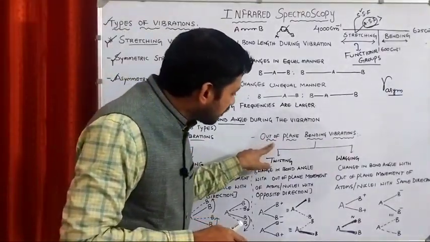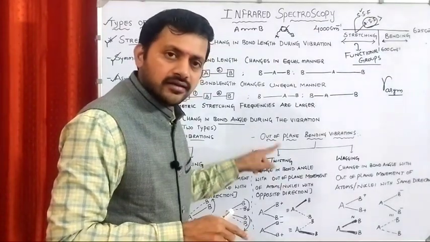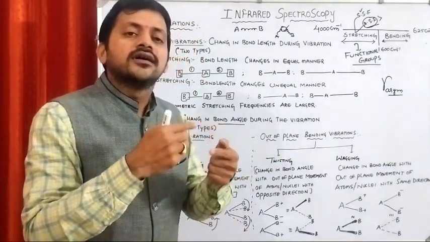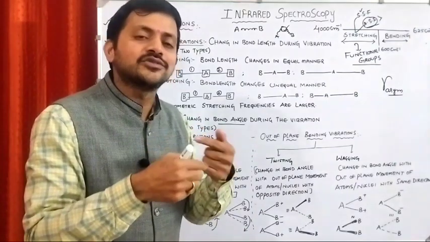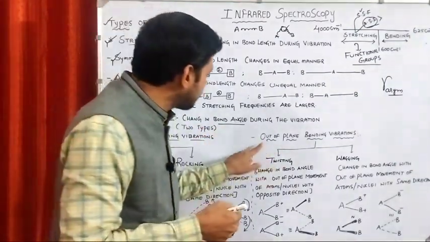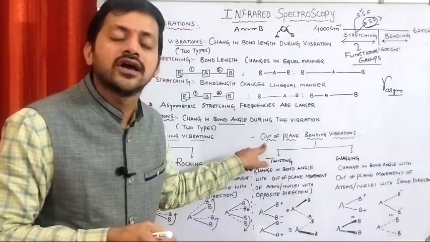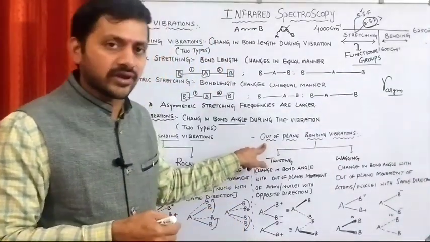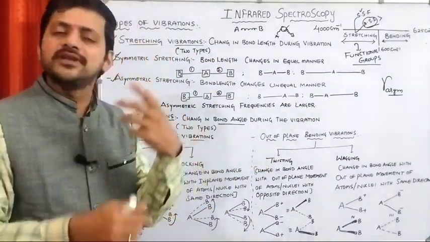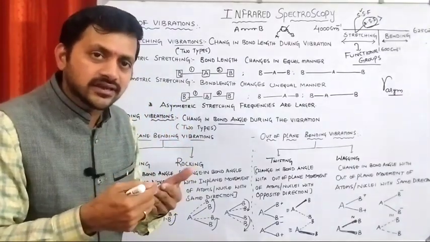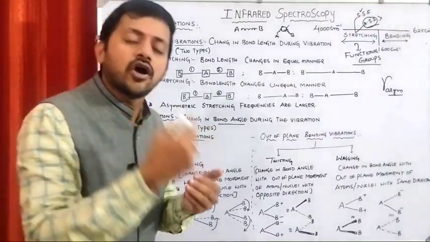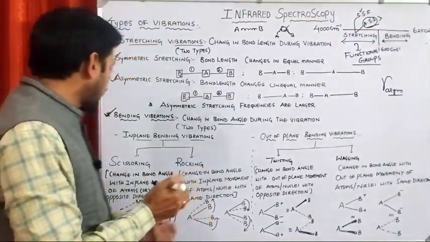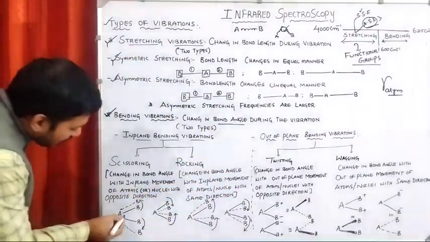If the change in the bond angle is due to the out of plane orientation of the atoms or the nuclei, such type of vibrations are called as out of plane bending vibrations. Let us check the possibilities. How many ways we can in plane change in the bond angle or out of plane change in the bond angle? See the first one. Here, see this one.